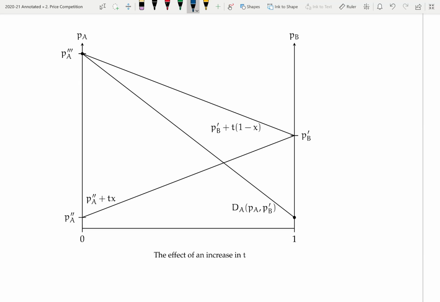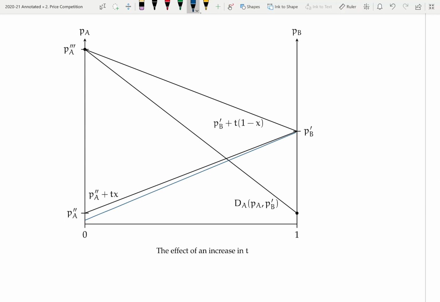If we increase T, then the slope of the delivered cost line will increase, and the price that guarantees A gets all the demand will actually decrease, because the consumer at 1 now has to spend more to buy from A, because the transport cost has gone up. So the new delivered cost line here is in blue. And we find that this is the price where A gets all of the demand.